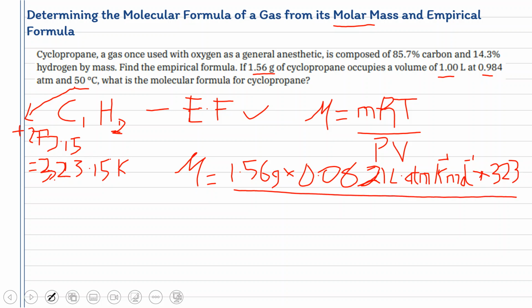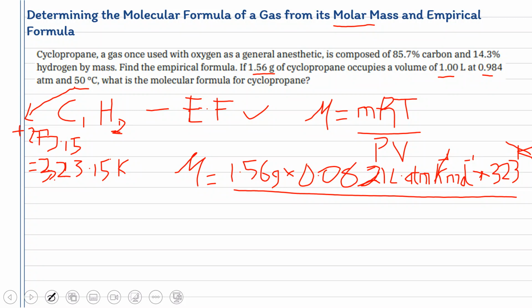Now the first thing that's going to happen is that this Kelvin is going to cancel out this per Kelvin, because per Kelvin simply means 1 over Kelvin, and this is just Kelvin. So 1 over Kelvin multiplied by Kelvin is going to cancel out.